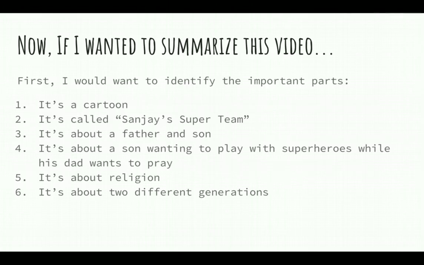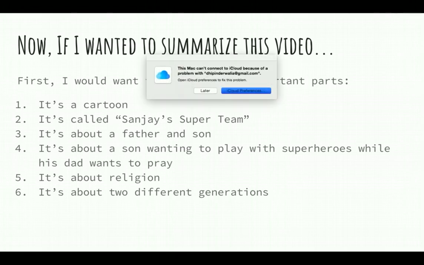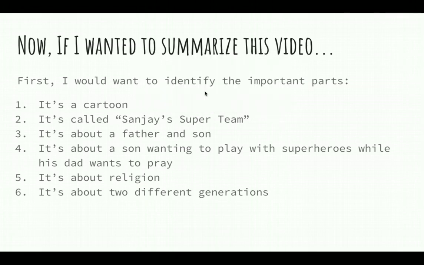So if I were to summarize this video using the steps that I just described, the first thing I would want to do is just identify the important parts, or the parts of the film that I think the reader must know about. So for me, and I hope you'll all agree, the important parts to tell the reader are: it's a cartoon, and the title of it was Sanjay's Super Team.